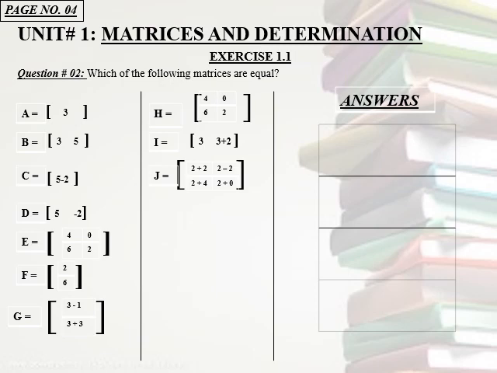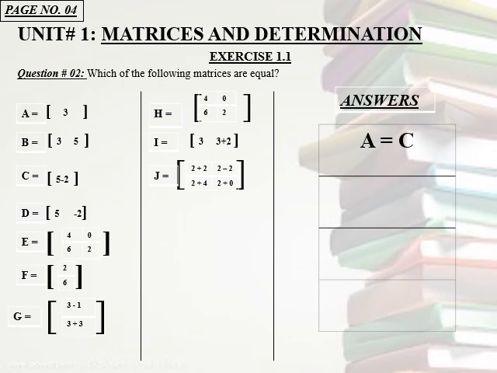As you can see, among them only matrix C is of order 1 by 1 and the corresponding entries of matrix A and C are also equal, as 5 minus 2 is equal to 3. As matrix A and C fulfill both conditions, we can say that A is equal to C.